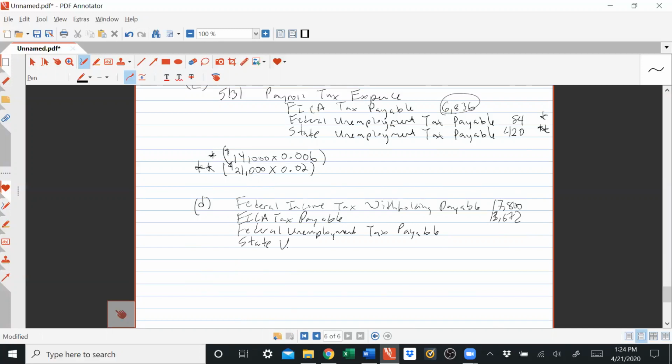These are the payroll related taxes that the employer has to pay periodically throughout the year, usually every quarter. Technically, they don't have to pay the federal unemployment taxes or the state unemployment taxes every single time they do payroll. They have to do it at least once every quarter.